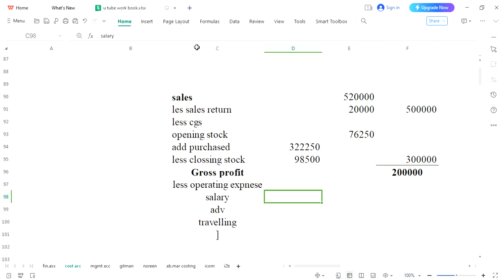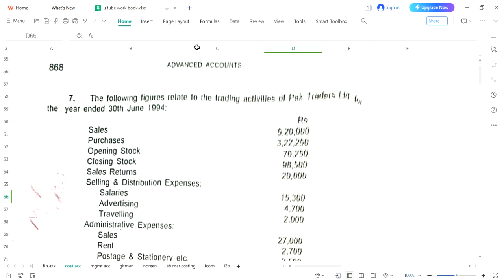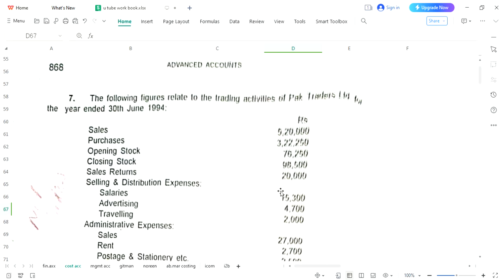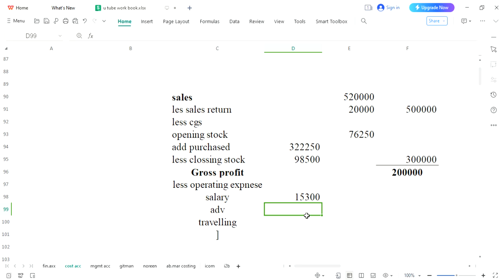Let's put their amounts first: salary, advertisement, and traveling. 15,300, and then we have advertising 37,000. So in this way, first part of operating expenses has been written.